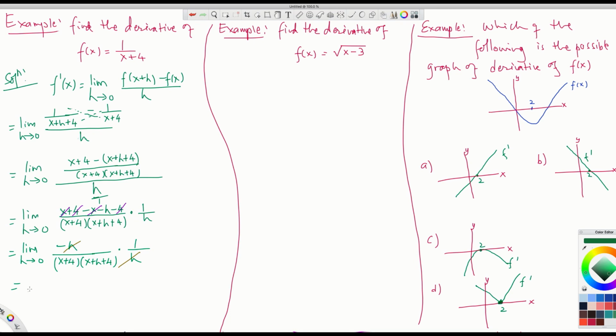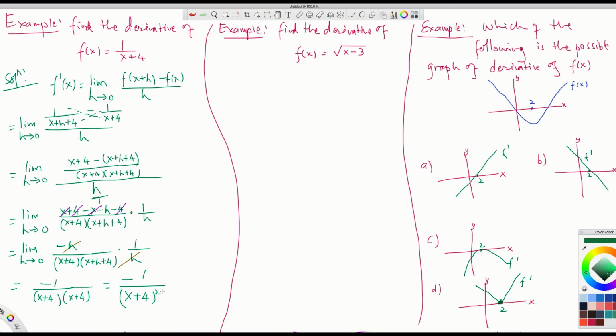So what is left is negative 1 divided by x plus 4, and when you replace that h by 0, x plus 4. You see that? So negative 1 over x plus 4 squared. So this is the final answer: the derivative of 1 over x plus 4 is negative 1 over x plus 4 squared.